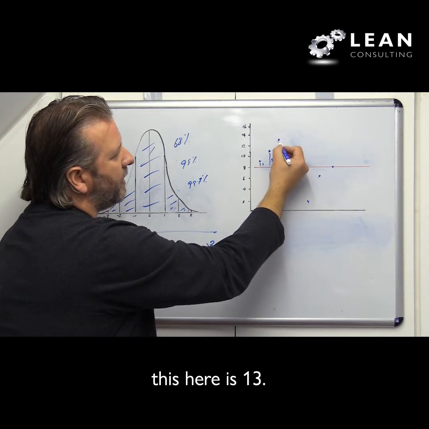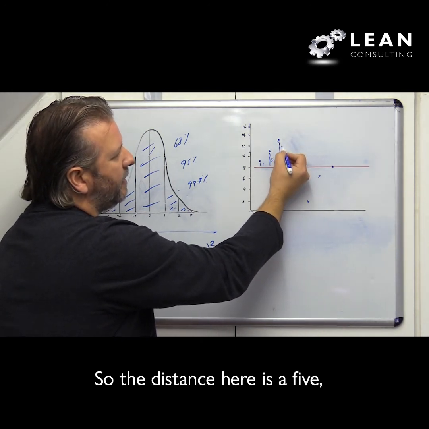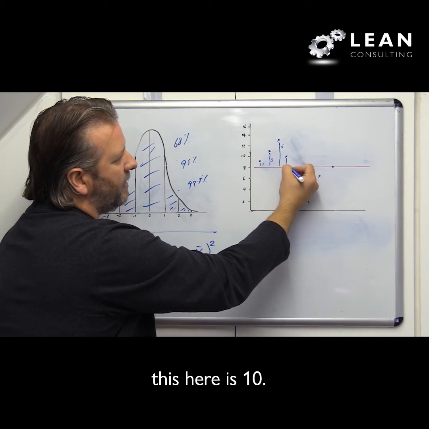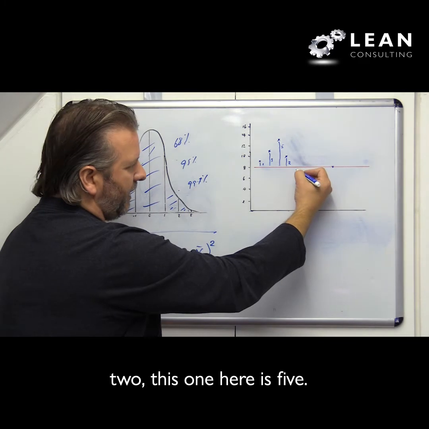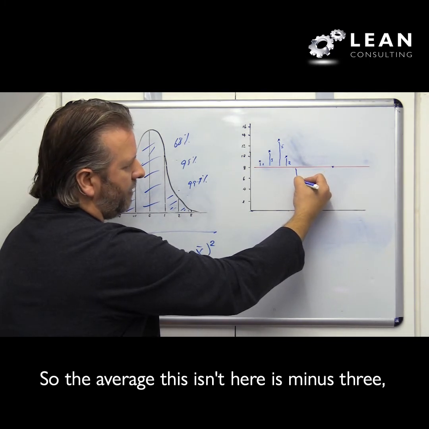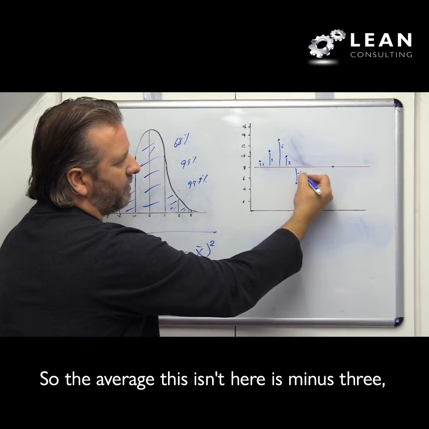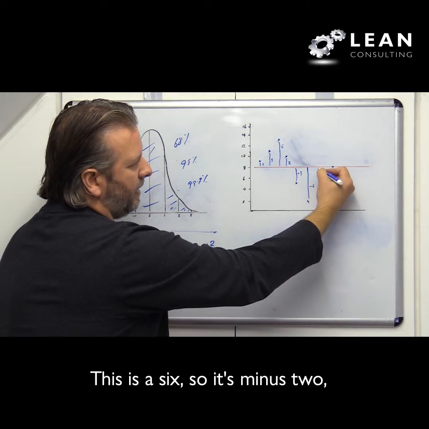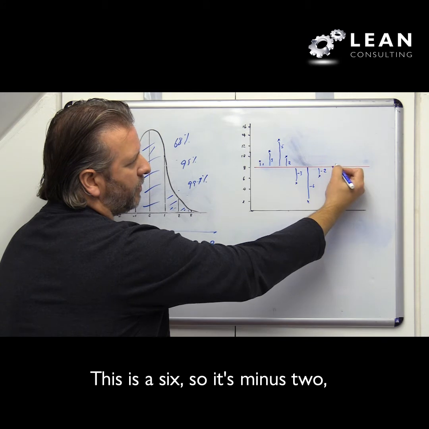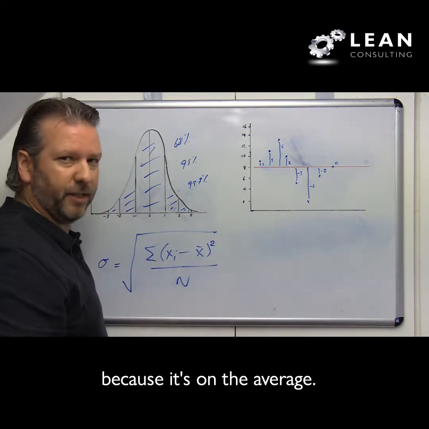This here is 13, so the distance is 5. This here is 10, so the distance from the average is 2. This one here is 5, so the distance is -3. This is a 2, so it's -6. This is a 6, so it's -2, and then this is 0 because it's on the average.